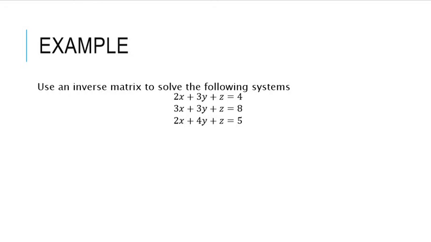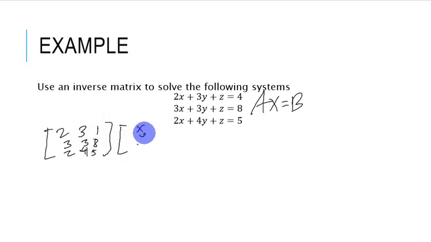Alright, so first, we shall write this again in the form Ax equals B. So we'll have our coefficient matrix 2, 3, 1, 3, 3, 1, 2, 4, 1, multiplied to x, y, z, then is equal to 4, 8, 5.